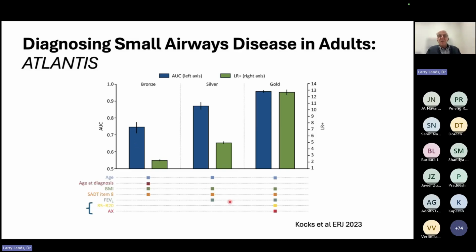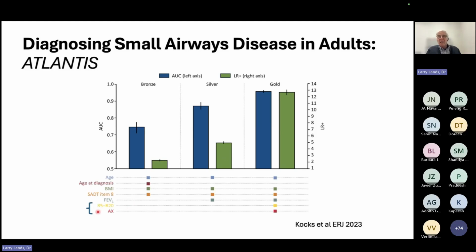When they added in FEV1 for the diagnosis of small airways disease, the predictive value went up, but the likelihood ratio, which gives you the likelihood that this is occurring, was again relatively low.